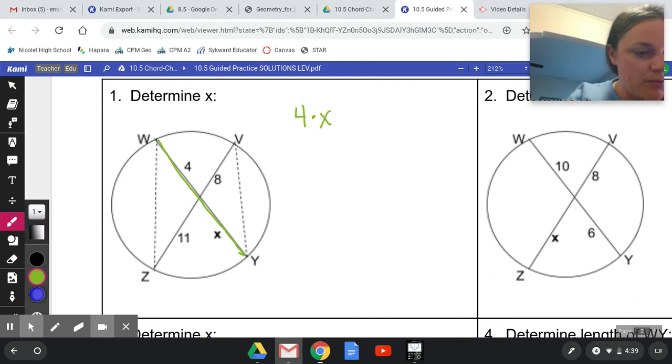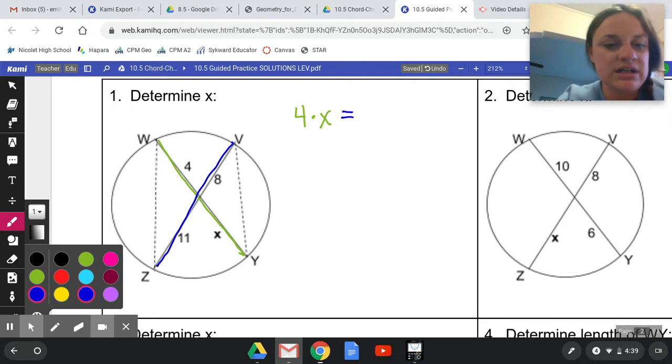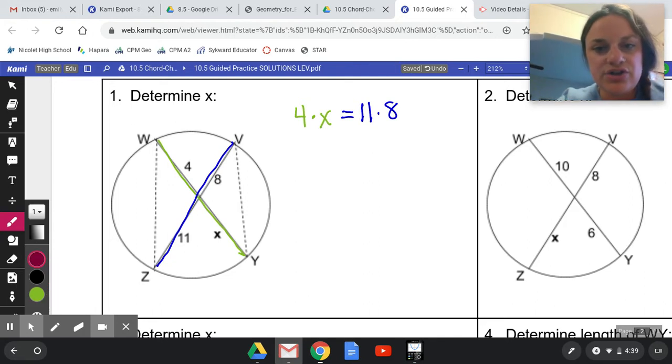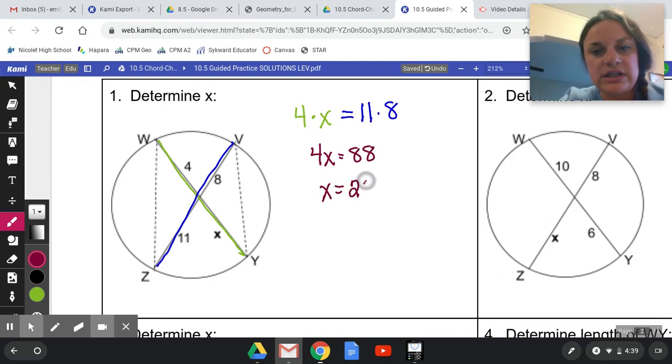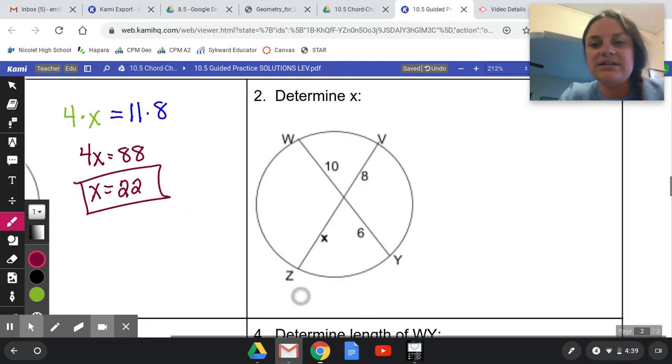And then I will multiply down my other chord that equals 11 times 8. Okay, so now continuing to show my work, 4x is equal to 88, x is equal to 22. I'm only looking for x, so I am done.